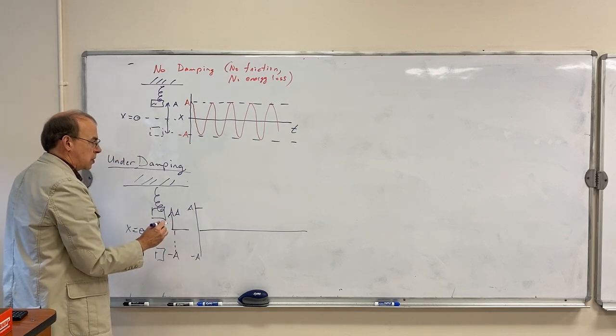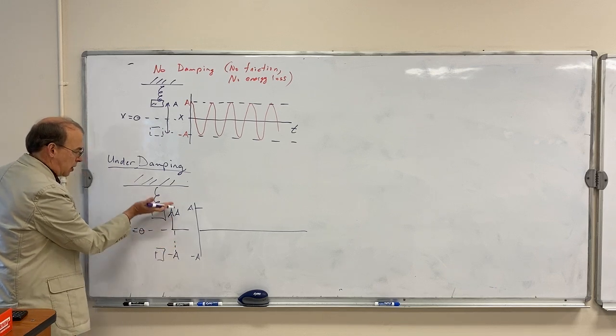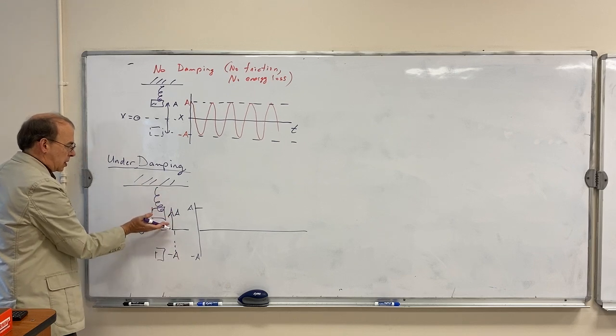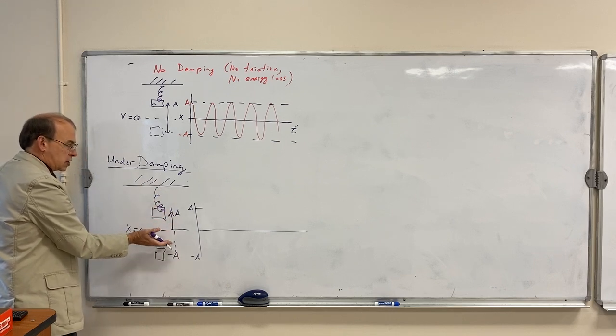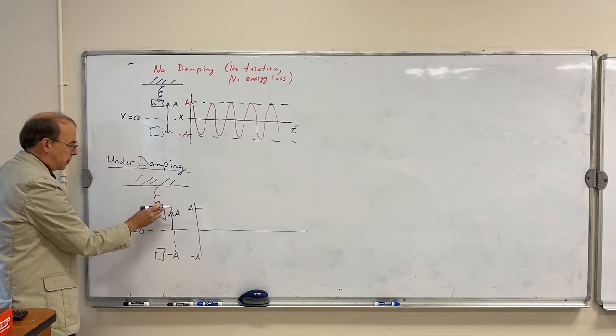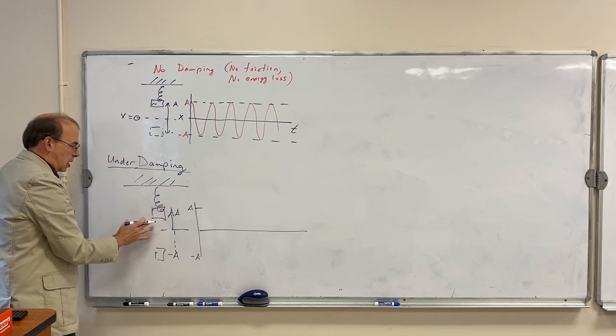Now I'm going to assume there is friction. So as this mass goes up and down, there's some energy loss due to various causes. It could just be lost due to the air around it, or due to friction in the spring.